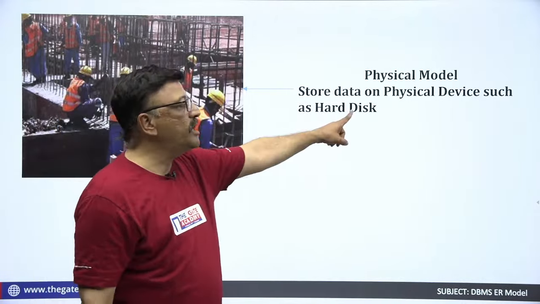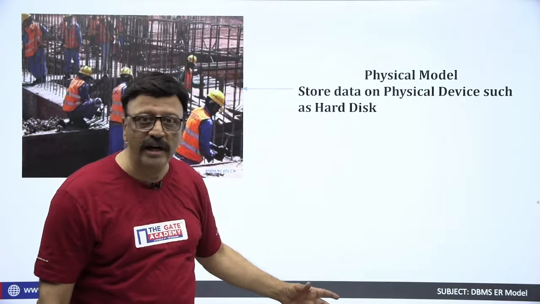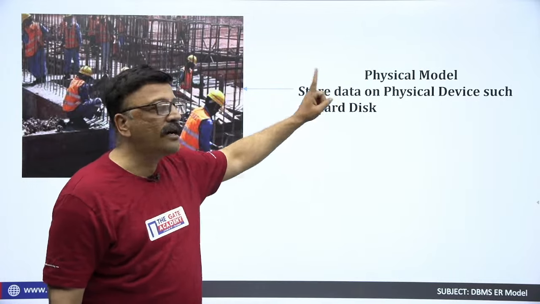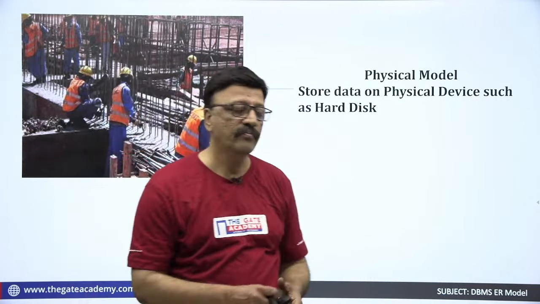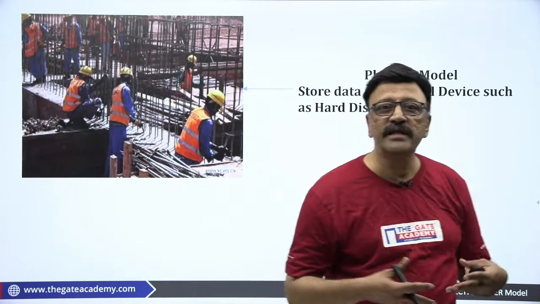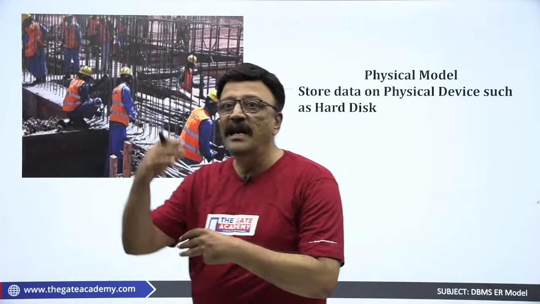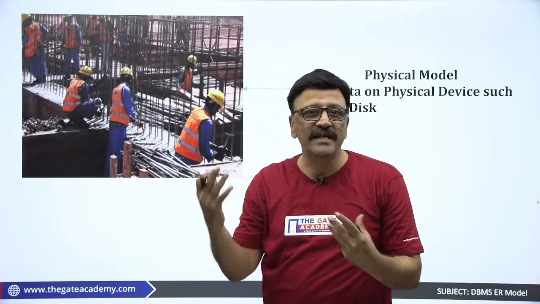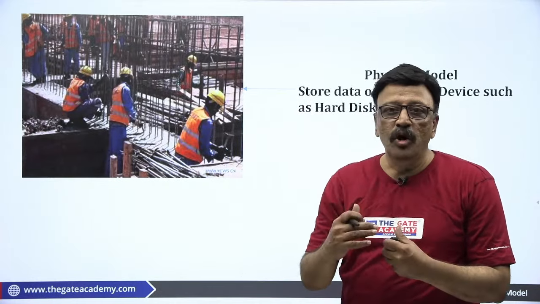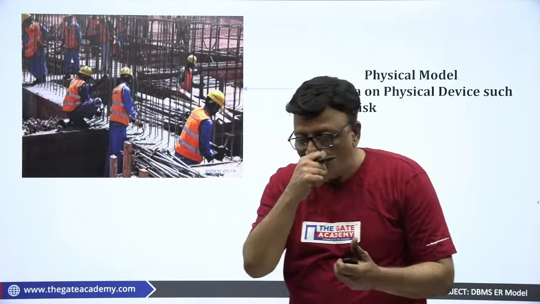Here in DBMS, once the relational model is certified, once we know that it is correct, we start actually storing the data on a physical device such as a hard disk. Nicely, the analogy fits really. And see, actually DBMS is 3 level. If you want to learn DBMS, you have to learn 3 levels. That's it. So ER model, relational model, and obviously physical model.